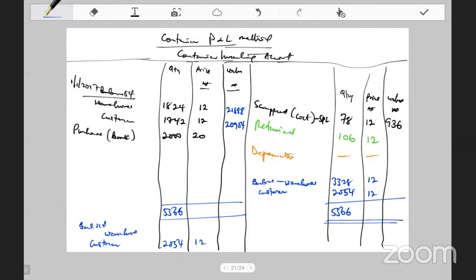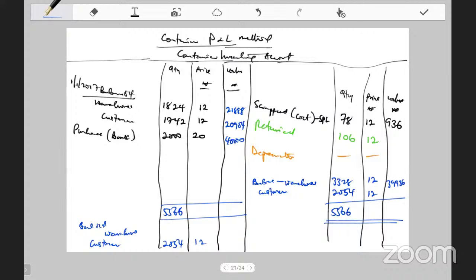Then 2000 times 20. That is 40,000. So let's get all these figures. 3328 times 12 gives me 39936.